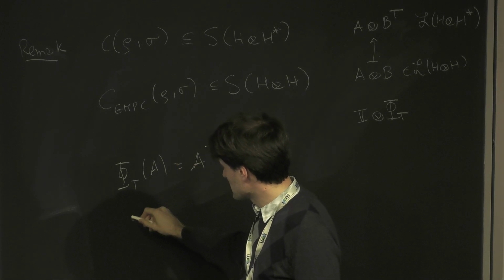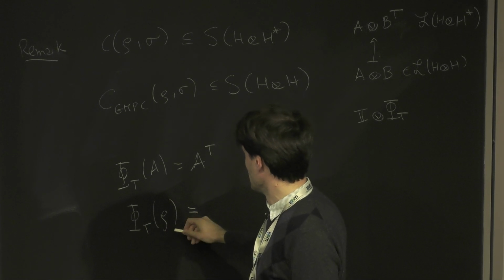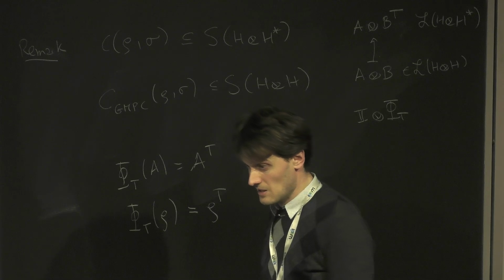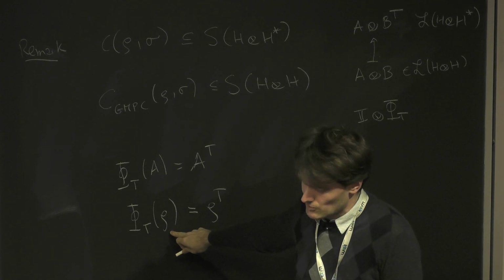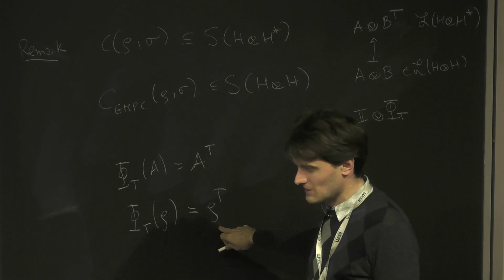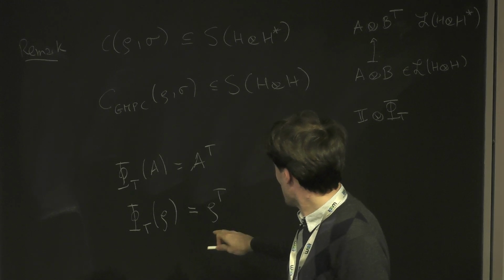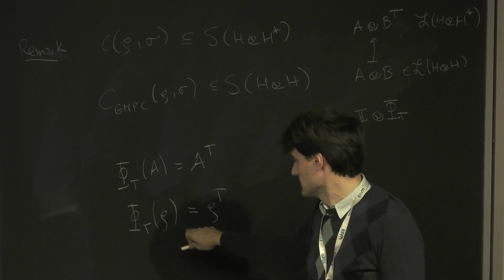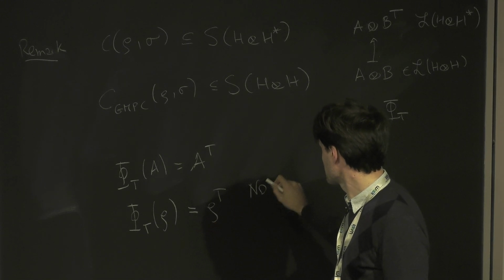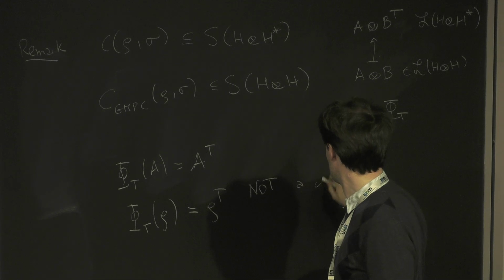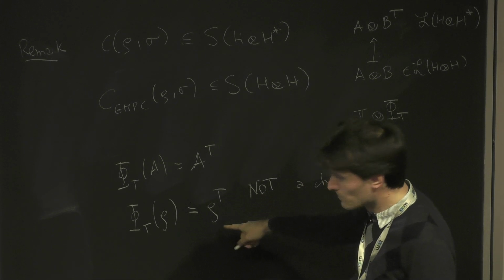And in fact, if you have a state and you transpose the state, well, from the point of view of a single state, if you have a matrix, now you take coordinates, you take the transpose of the matrix, it will still be positive semi-definite, and the trace will be 1. So you say, well, this may be a channel, but it is well known that this is not a channel. So what is missing? Well, it's exactly the complete positivity.